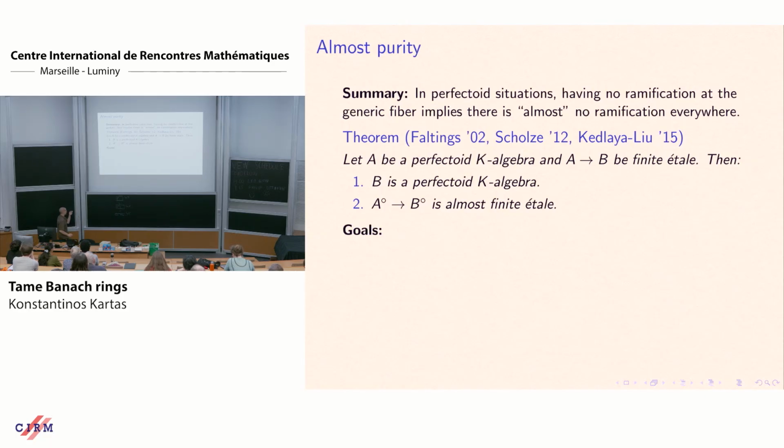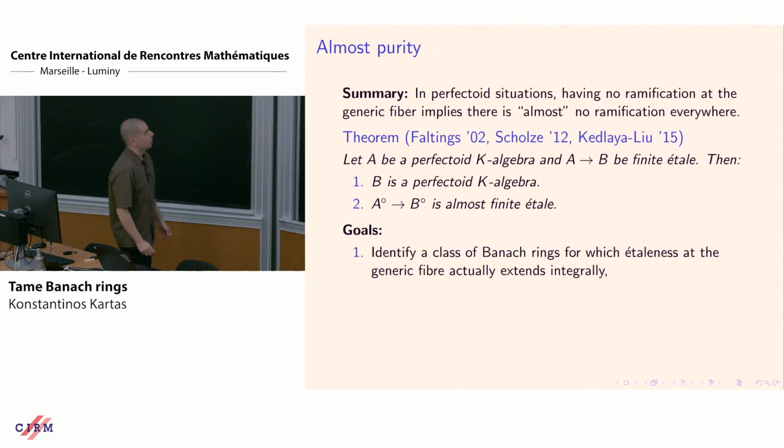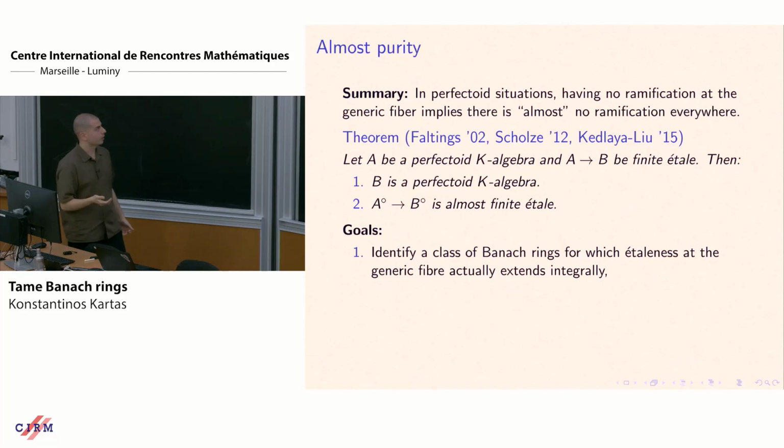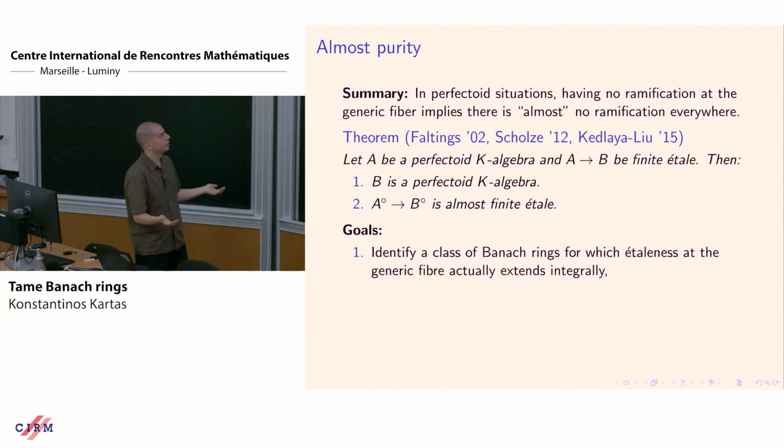Okay, so what are the goals? Now I can state our goals a bit more precisely. If you cross out the word almost in this statement, then it's just false. Already the example that I presented before gives you a counterexample in the case of fields. So the goal is simply to identify a class of Banach rings for which this statement becomes true on the nose.